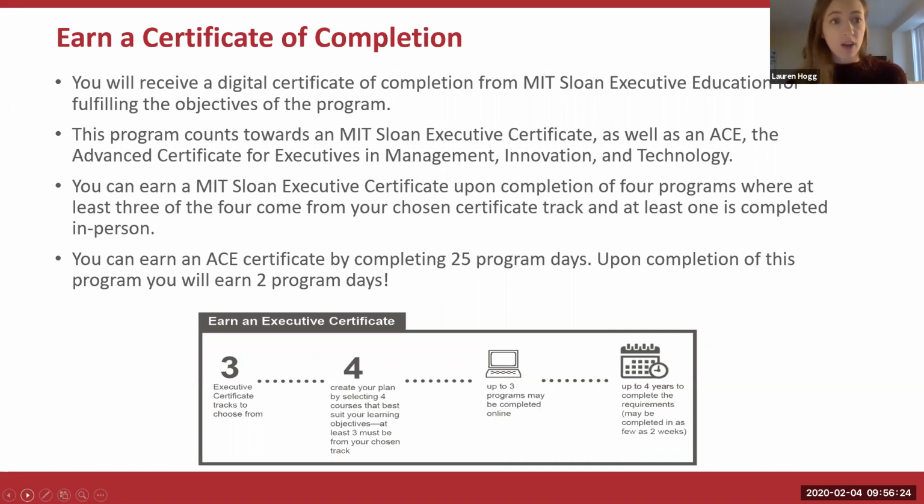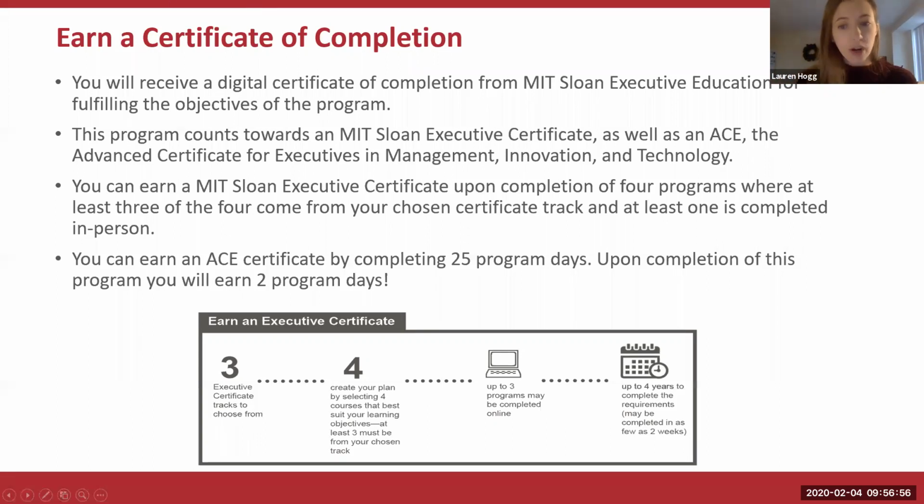This counts as one of those courses. You have to attend one in person. Three need to be within the same track, and this track is specifically management, innovation, and technology. So that is our executive certificate. And an additional one would be the ACE, also known as the Advanced Certificate for Executives. That is 25 total program days. So you can earn an ACE by completing the 25 program days.